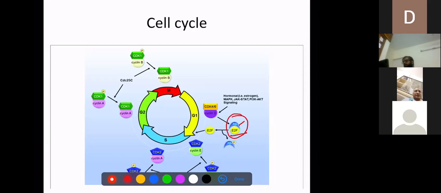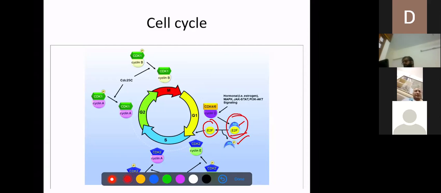So what does this cyclin D and CDK4 combination do? They come and phosphorylate the retinoblastoma gene, and the retinoblastoma gene gets separated from the E2F, and E2F is going to be the stimulating factor in the late G1, and it is going to send the cell for further division.